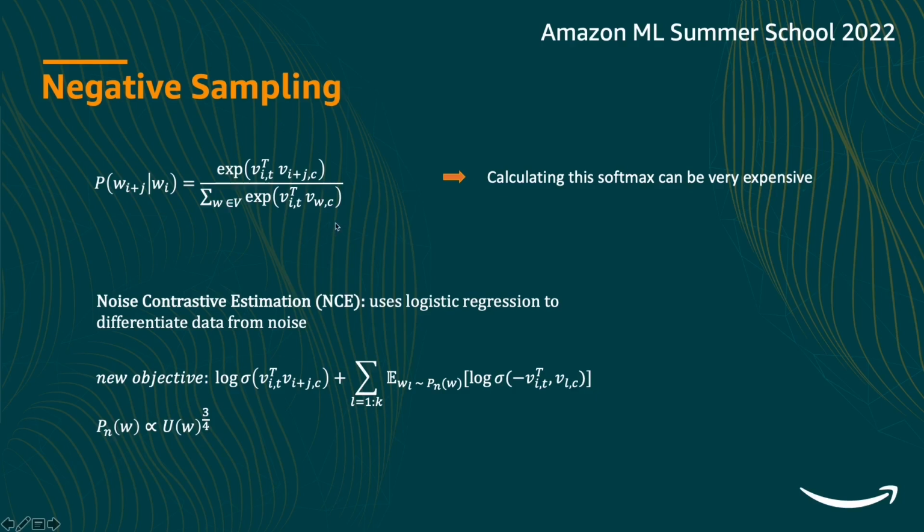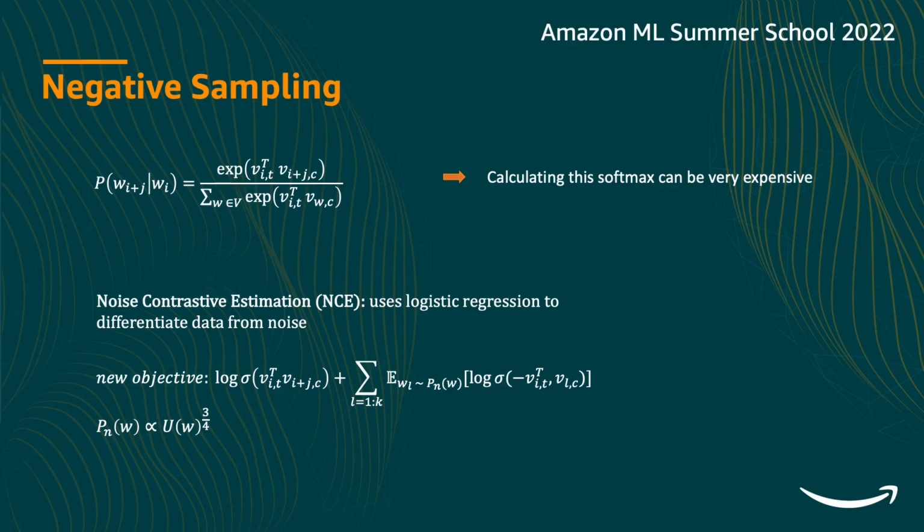Now, if we look at this denominator, it's a sum over all the words present in our vocabulary. So this is why it takes a lot of computation. And we compute the softmax many times for each target word and for each context word present for the target word. So this is the main bottleneck here.